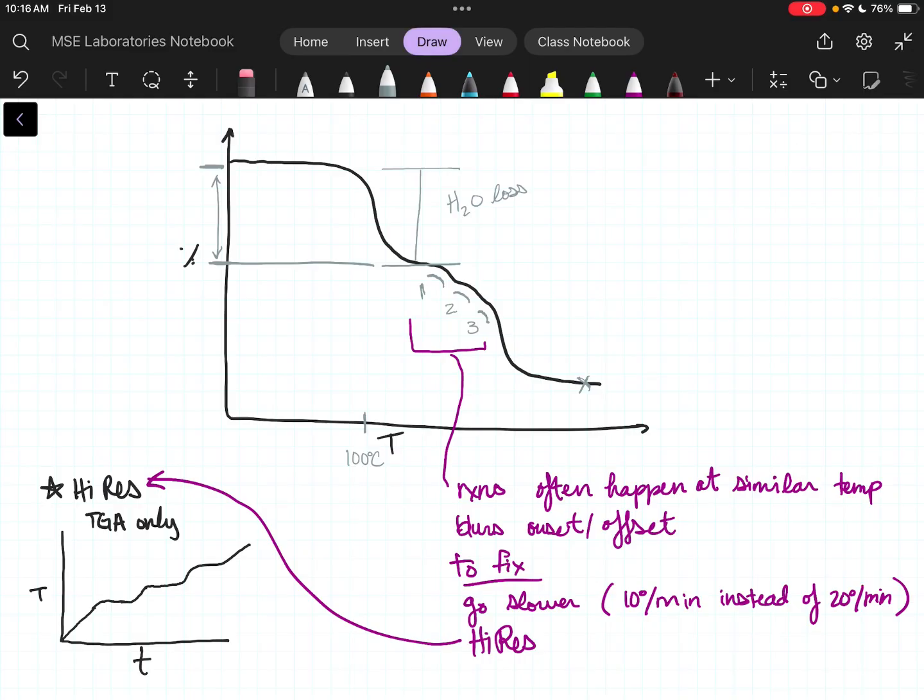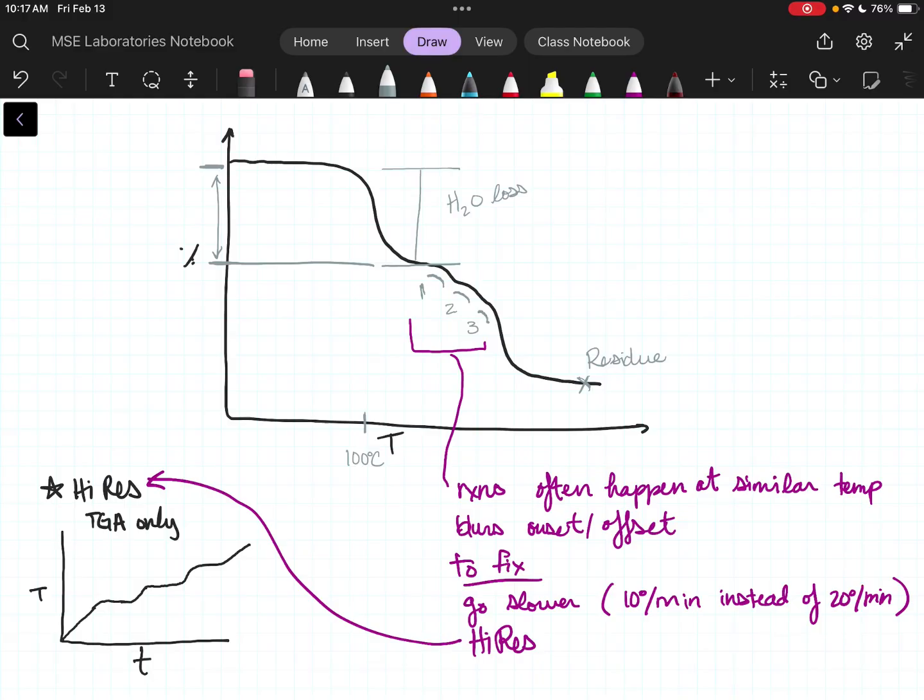Yes. Also pain in the rear end if you're trying to do any sort of DSC, because DSC, like I said earlier, requires a constant rate. So let's see, this is... I suppose it wouldn't be that terrible. You just say, oh, hey, this much mass loss, you just run 2 sets.